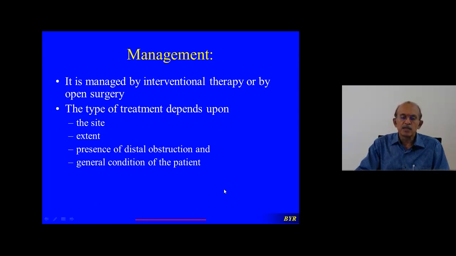If atherosclerotic obstruction is there, you give general measures. With that, if the ischemic changes can be controlled, it is okay. Otherwise, you have to go for interventional therapy, because there is no medicine which can lyse the atheromatous plaque, or you can go for open surgery.